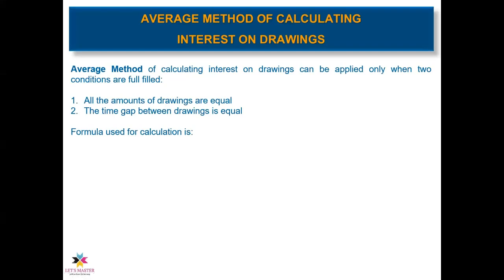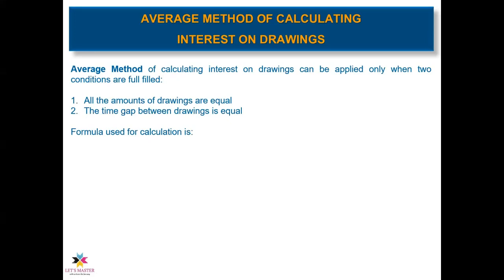Then comes the average method. The average method of calculating interest on drawings can be used only when two conditions are satisfied. First, the amount of drawing should be equal. In the previous example, we have seen that the drawings were not of uniform amount.